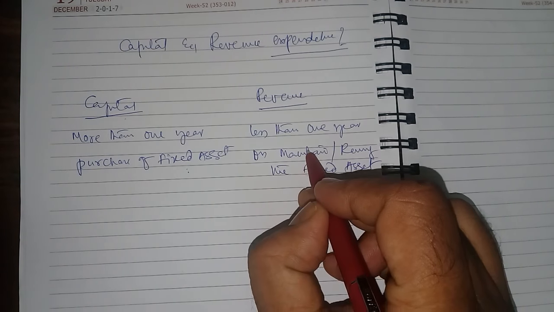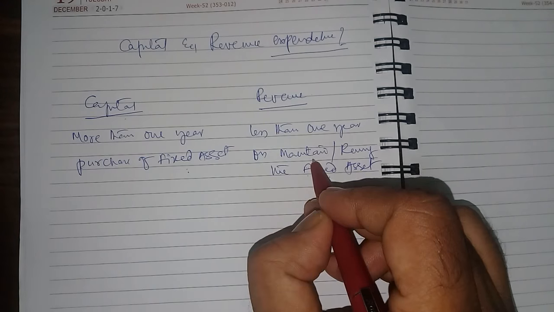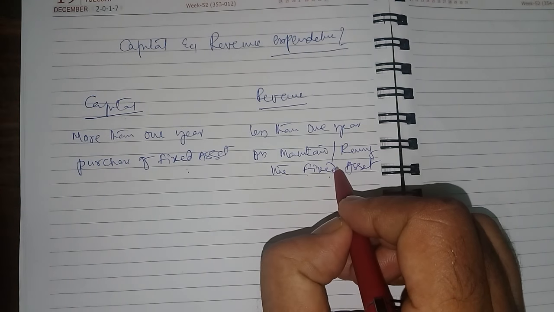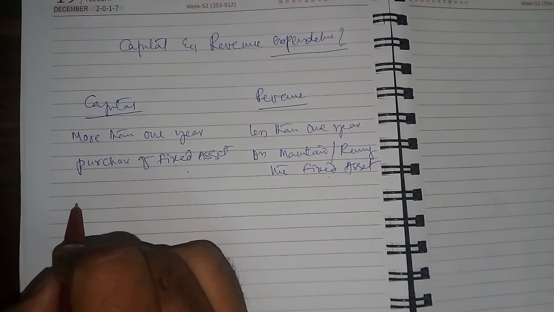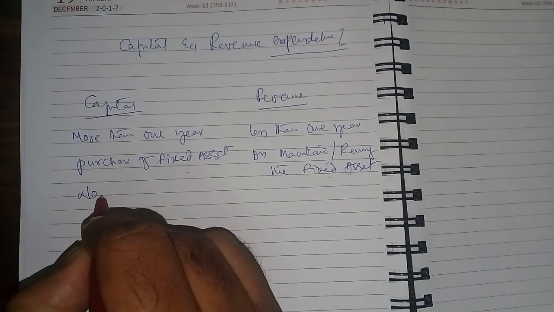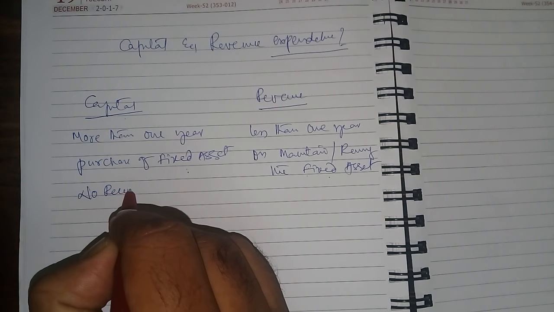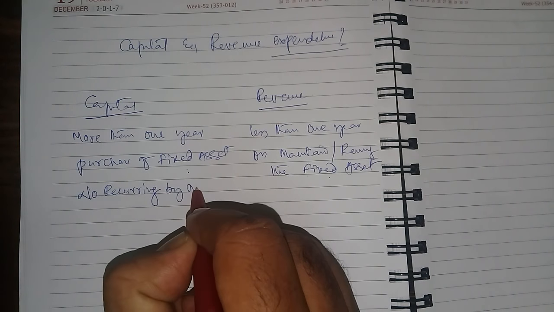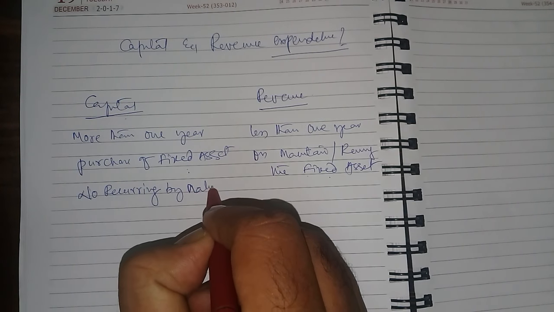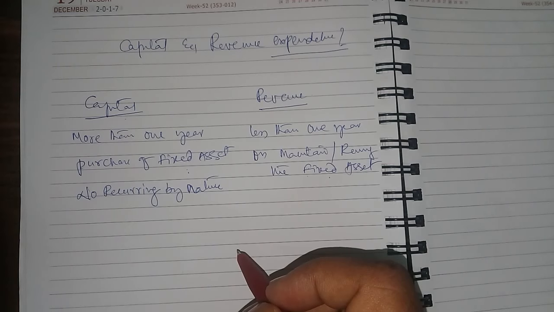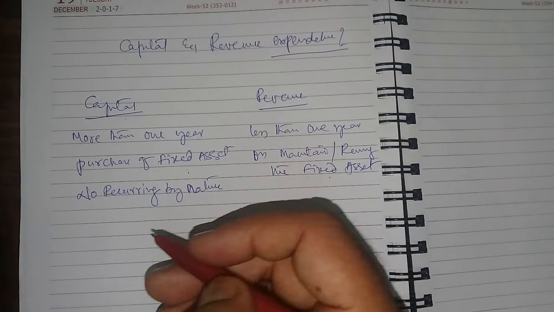To maintain the machinery, to keep the machinery in a running condition, such expenditure is called revenue expenditure. And by nature, capital expenditure is non-recurring expenditure. Once we incur the expenditure, that expenditure gives us benefit for more than 1 year.